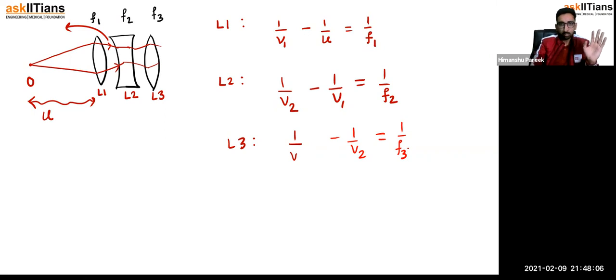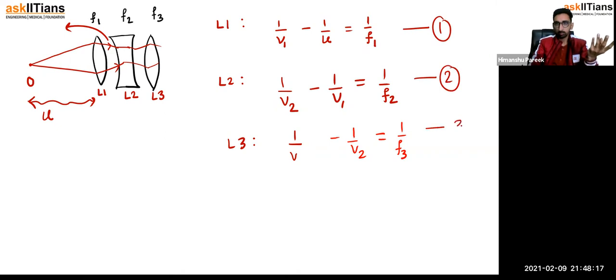So actually, these 3 equations you will be obtaining. If you write down more lenses, you will have more equations. Let's do one thing: let's add up all these equations. When we add all these equations, on the right hand side we get 1 by F1 plus 1 by F2 plus 1 by F3.